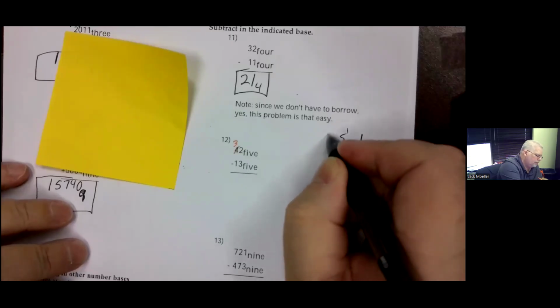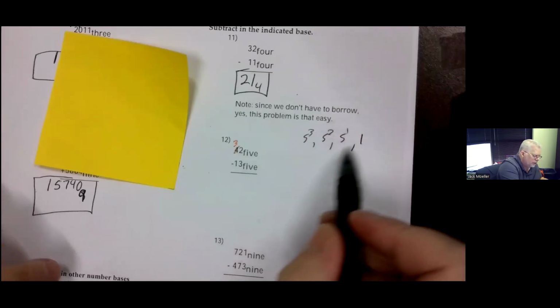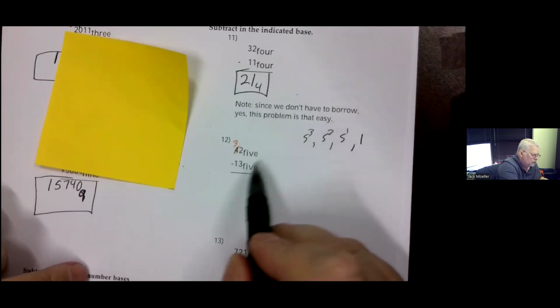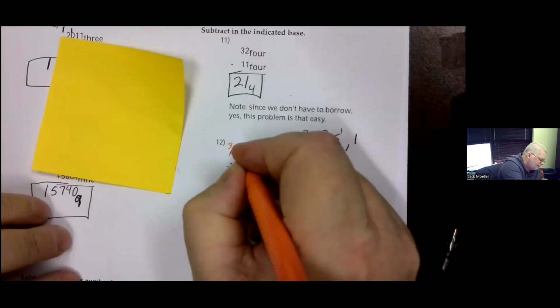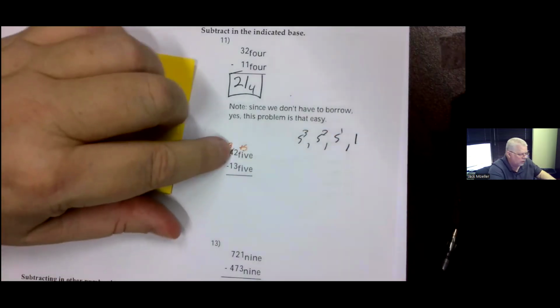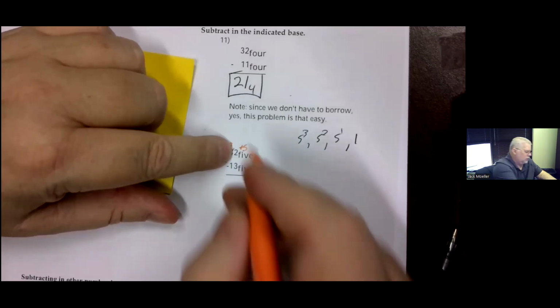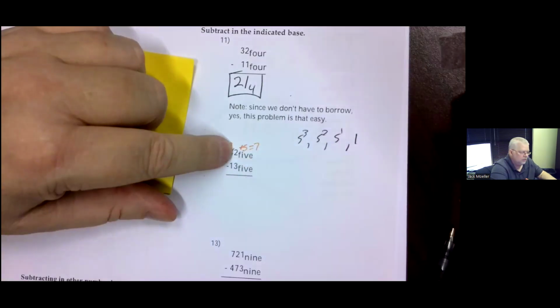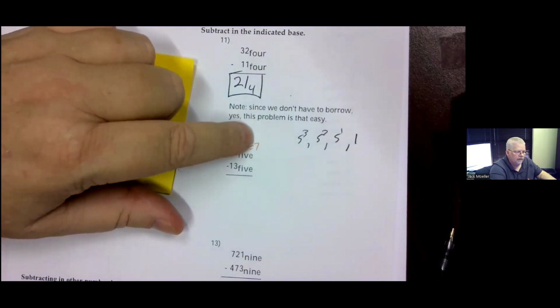It's 5 to the first, 5 to the second, 5 to the third. So our place values are based on 5. So since we're borrowing in base 5, you're adding 5. We're not adding 10, so don't make that a 12. If you make that a 12, you're stuck in base 10. Okay, so this is actually a 7. Because we have the 2 that we had plus the 5 we borrowed.